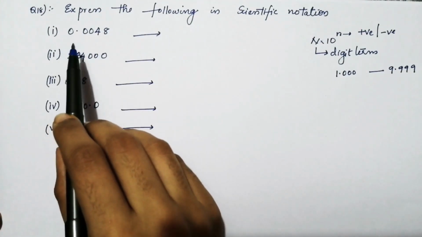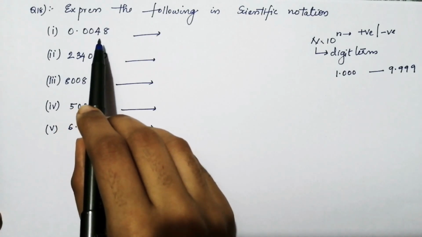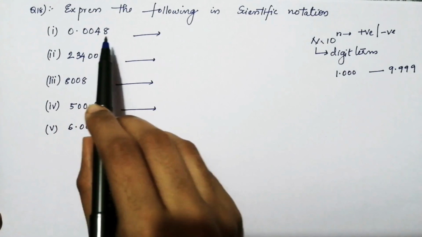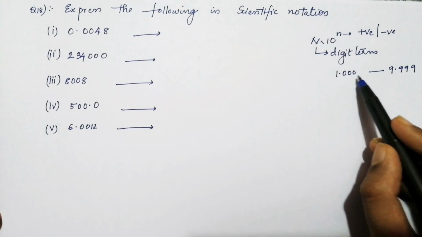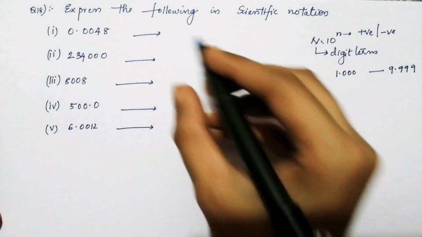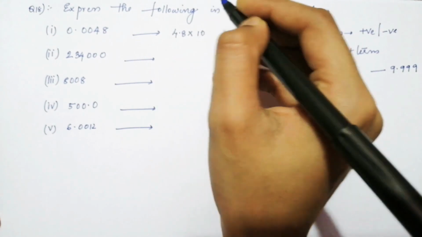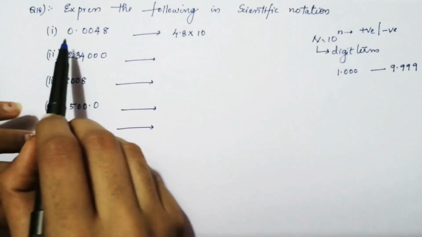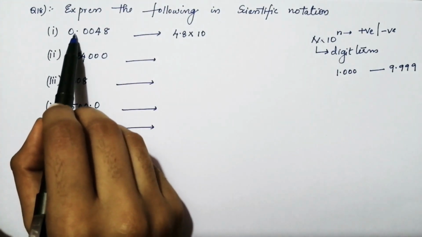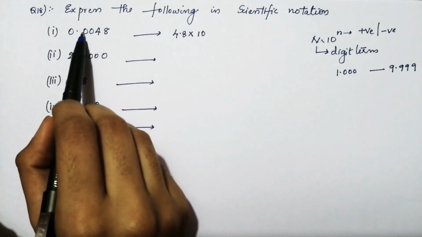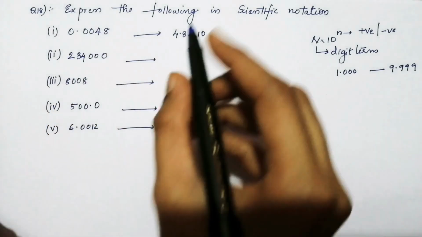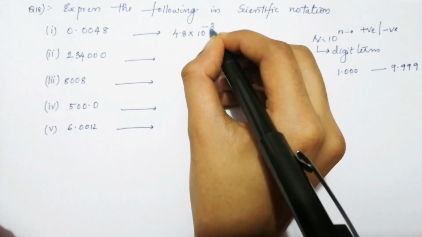So the first question here is 0.0048. Here the digit term should be in between 1.000 and 9.999. So we can write that as 4.8 into 10 power, since here we are shifting the decimal point towards the right side and we are shifting 3 places, we can write it as 10 power minus 3.